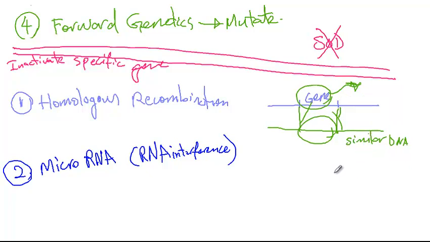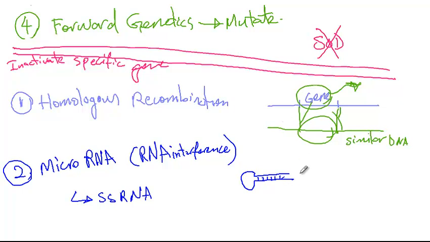So here, let's discuss microRNA. These are basically small single-stranded RNAs with a hairpin structure. So if you have a small RNA with a hairpin structure, they would loop on themselves and form a double-stranded RNA.